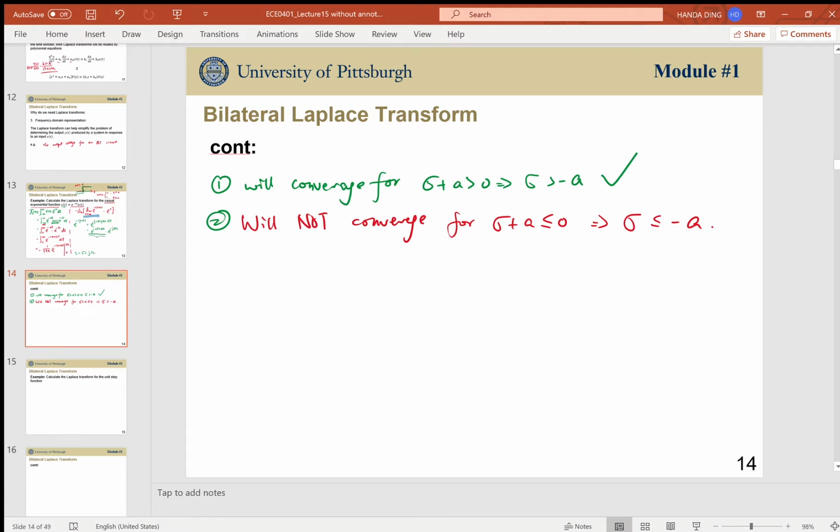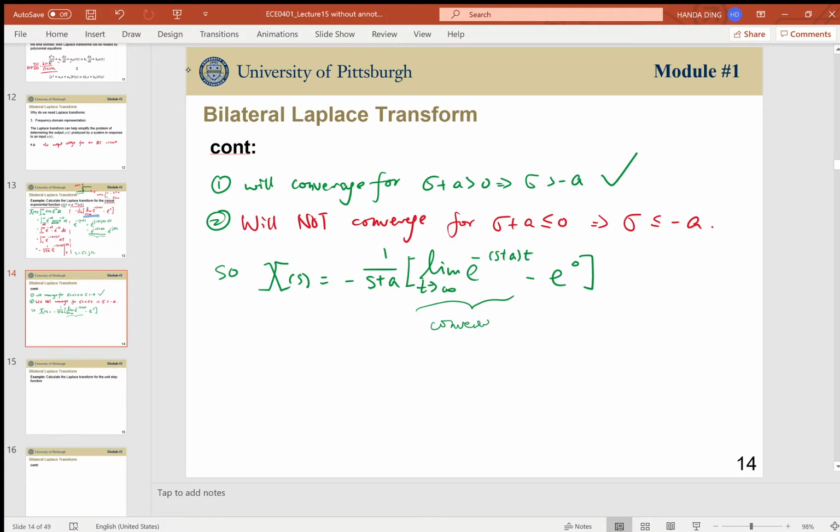So back to the equation. So our Laplace transform becomes this. This converges, like the gentleman mentioned here, to 0, right?